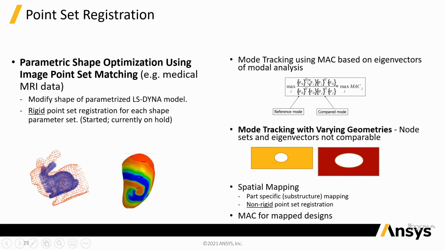And even if they are of equal length, sometimes the ordering can be changed, so you can't really do those operations. So in such cases, it is important to instead get a mapping between the original shape and the new shapes in order to be able to perform these operations. And point set registration can be helpful in such cases as well.